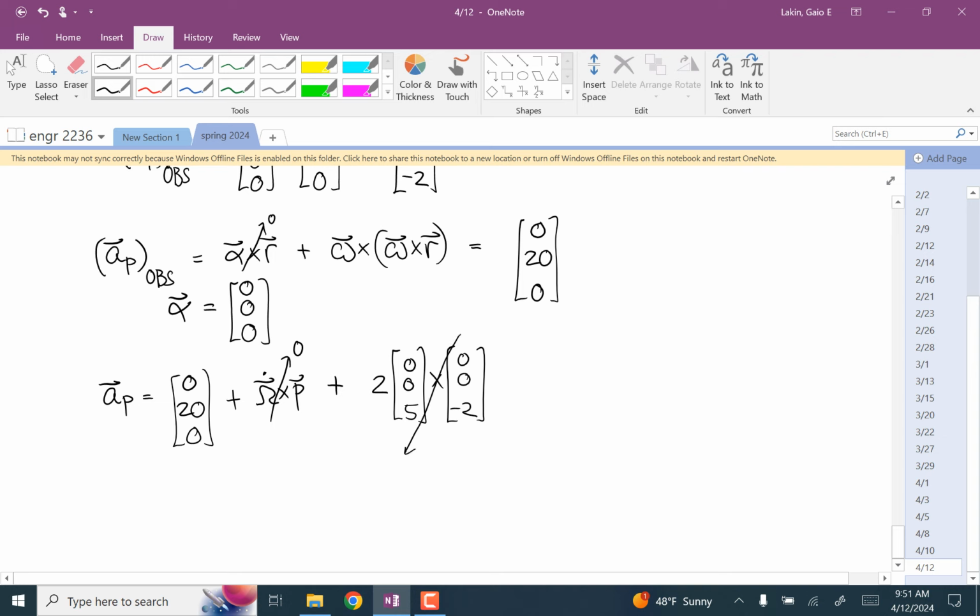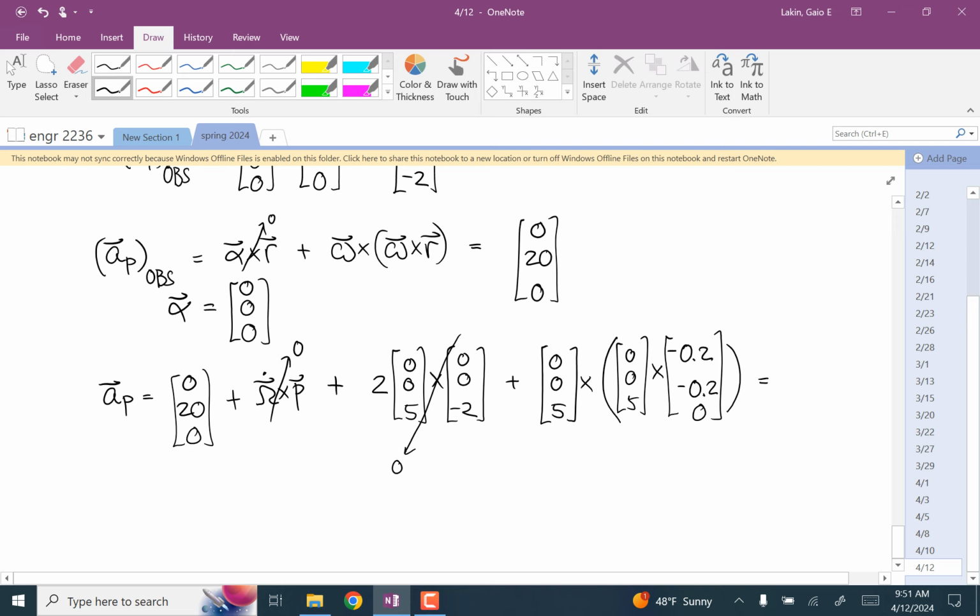Yep, that's not always going to be 0, but the last two examples it has been. Plus 0, 0, 5 cross quantity 0, 0, 5 cross position. Do all these, add them up, and you get 5, 25, 0. Any questions about that?